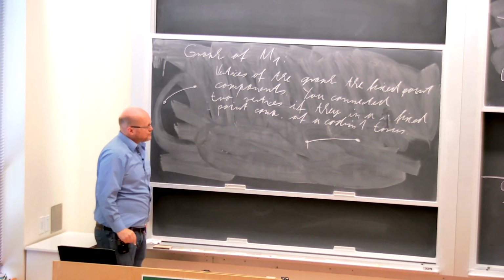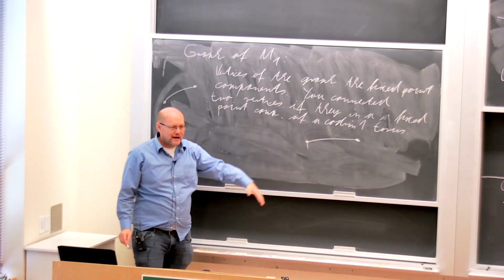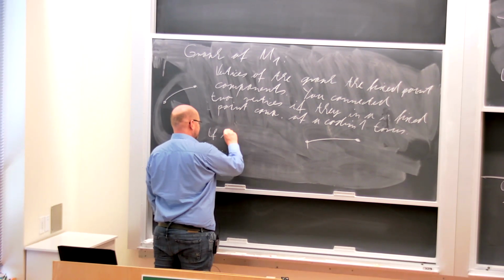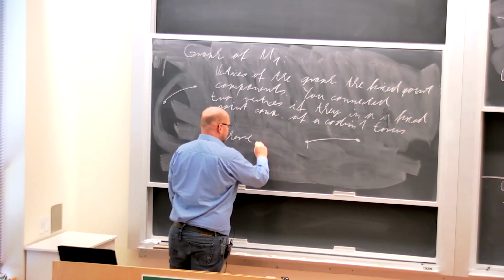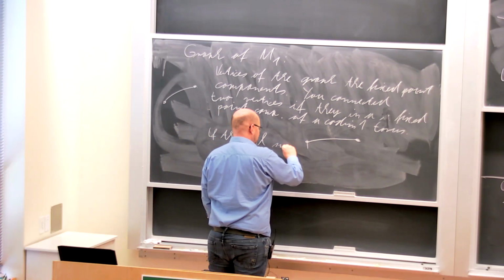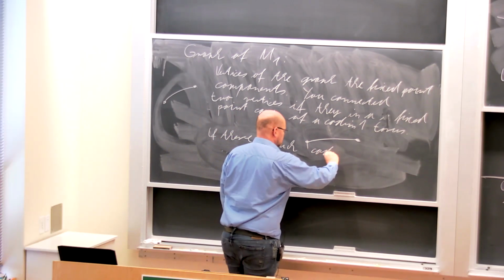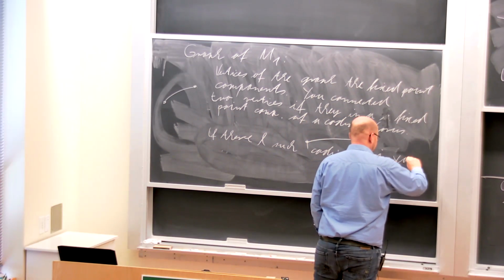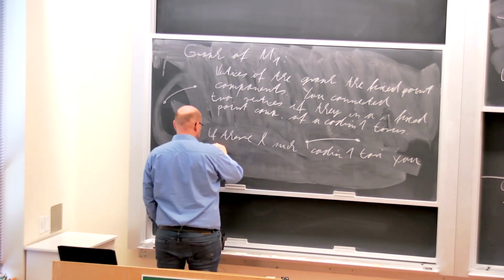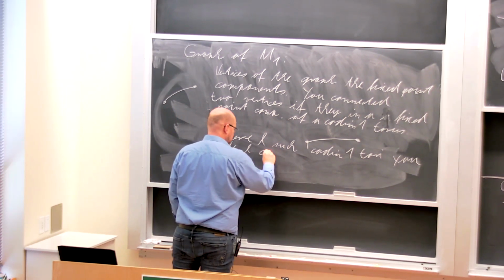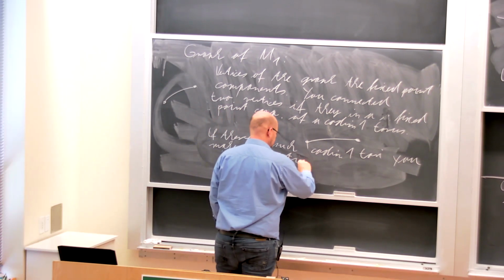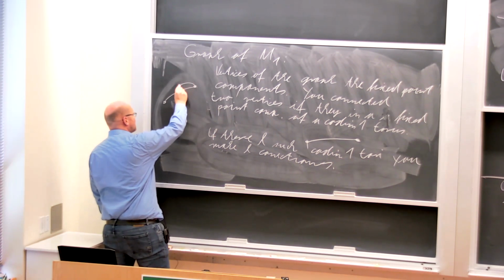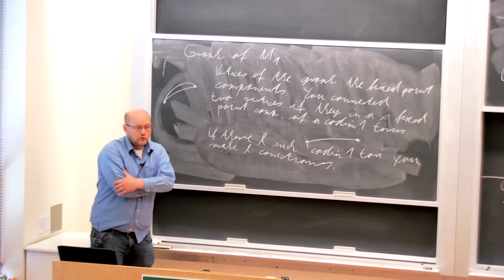And if you find another codimension 1 torus, so if there are L such codimension 1 tori, you make L connections. It could be there's not just one torus that connects them, but two.